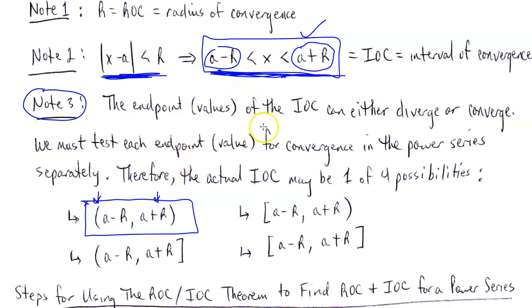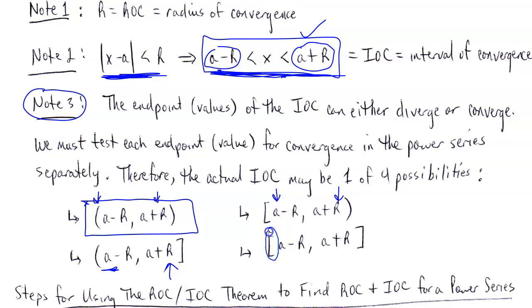Or we may have a situation where, let's say, a plus r, when we plug that into the power series, converges, but a minus r diverges, and vice versa. When a minus r gets plugged in, the resulting infinite series converges, but when we plug in a plus r, the corresponding infinite series diverges.